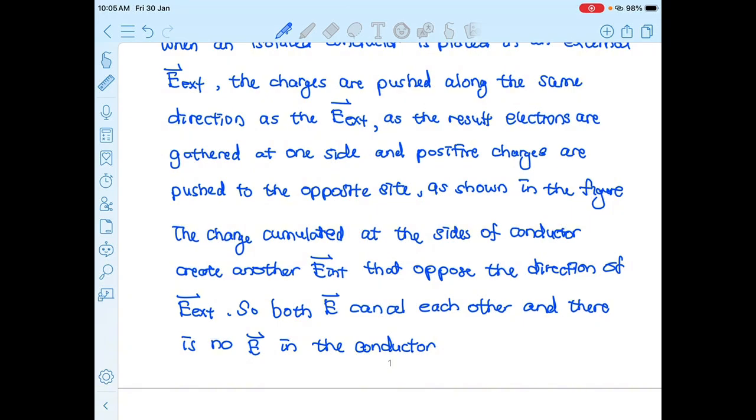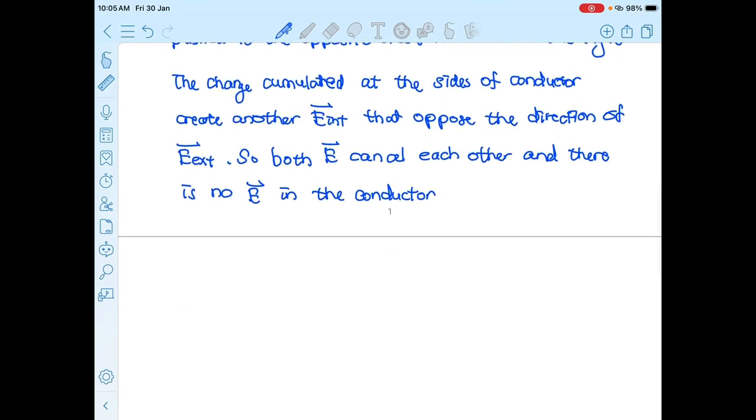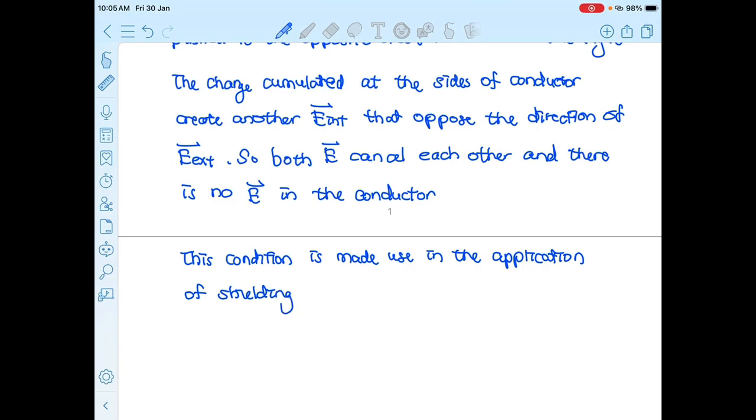This condition is made use of in the application of shielding, and the purpose of shielding is to protect sensitive electronic devices.